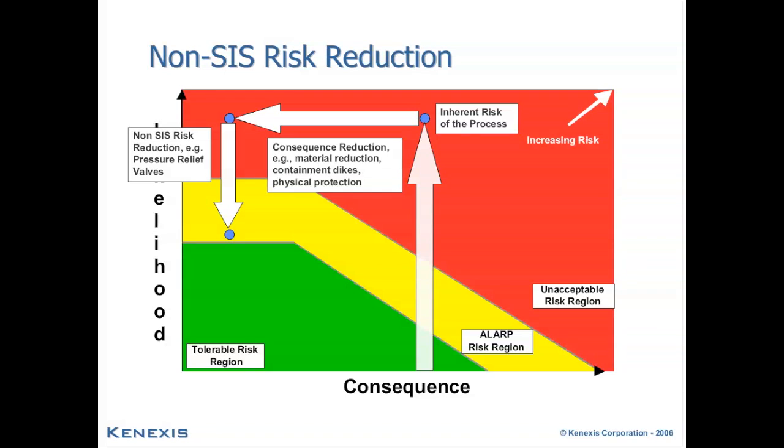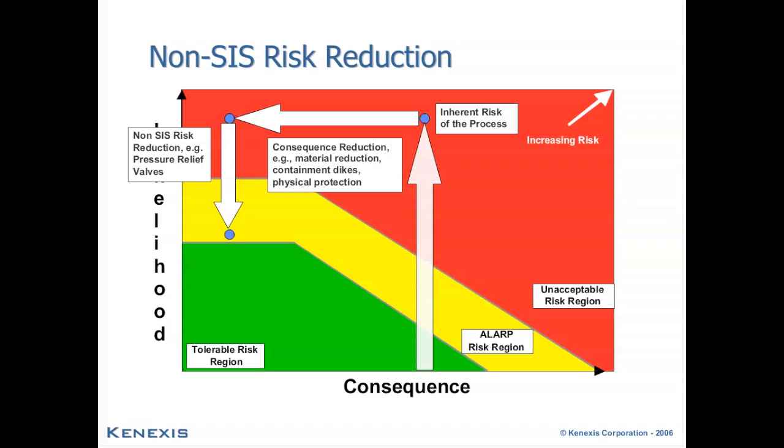That here in this graph is only presented in concept, but in reality, each company that applies the standard would have some quantitative or qualitative means to draw the lines of what's a tolerable level of risk, what's an unacceptable level of risk, and what's a level of risk in the middle that might require further risk reduction if the cost-benefit equation is favorable.